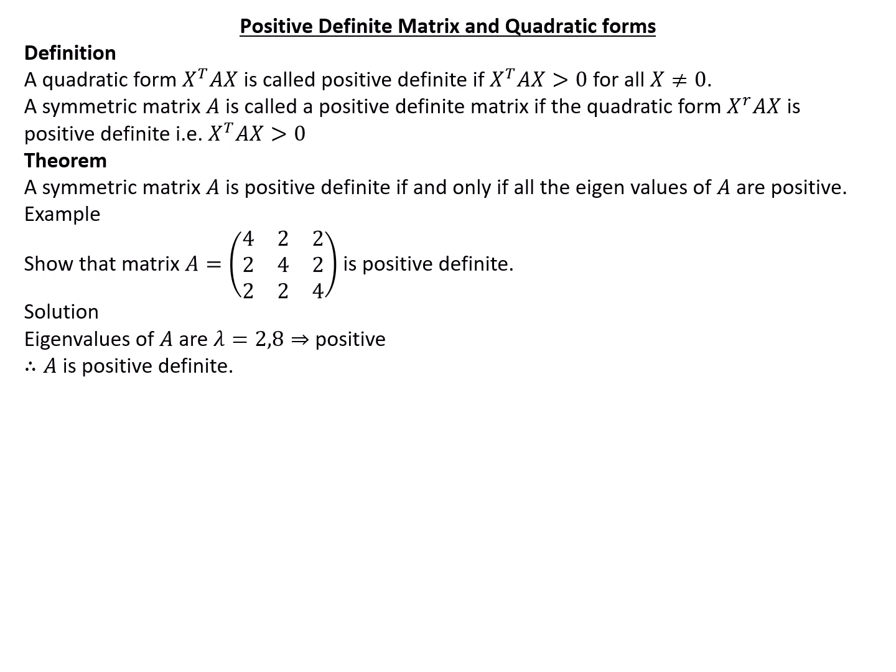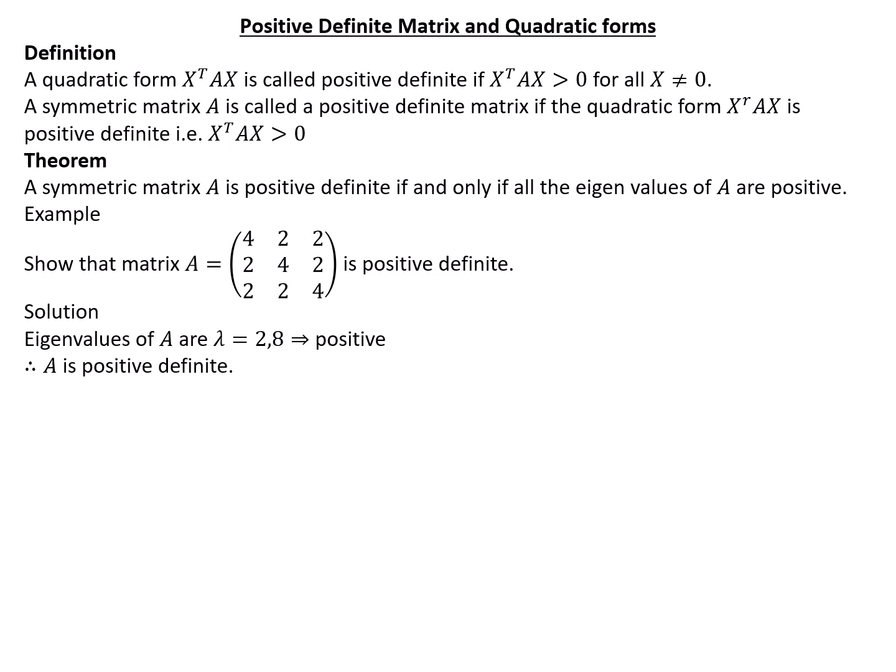Positive definite matrix and quadratic form. Definition now. A quadratic form x transpose multiplied by Ax is called positive definite. We can say a quadratic form is positive definite if, these are the conditions, if the transpose of x multiplied by Ax is greater than 0.